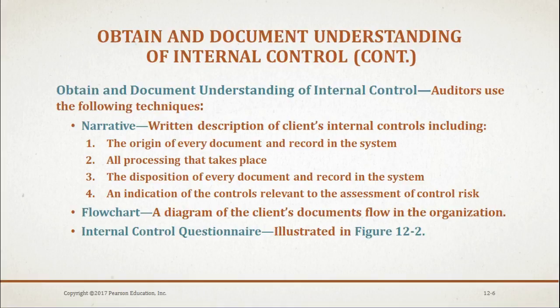Some of these procedures are the use of narrative procedures, which are written descriptions of the client's internal controls, which may include the origin of every document and record in the system, a description of all the processing that takes place within the entity, the disposition of every document and record in the client's system, and an indication of the controls relevant to the assessment of control risk.